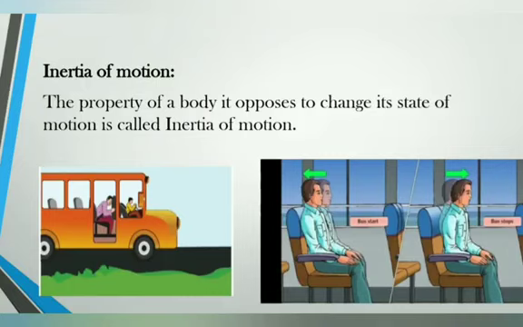When the bus suddenly stops, the lower part of the body, which is in contact with the seat, suddenly comes to rest, whereas the upper part of the body tends to remain in motion, so the person falls forward. This is because of inertia of motion.